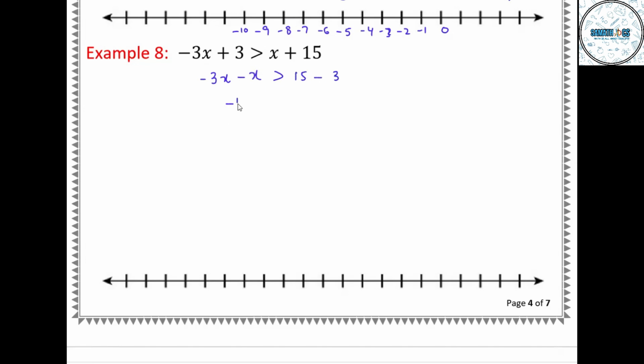Now we have minus 4x is greater than 12, and then we will divide 12 by minus 4. So this time we are dividing by minus 4, so the sign of inequality is to be changed. So x is less than minus 3.